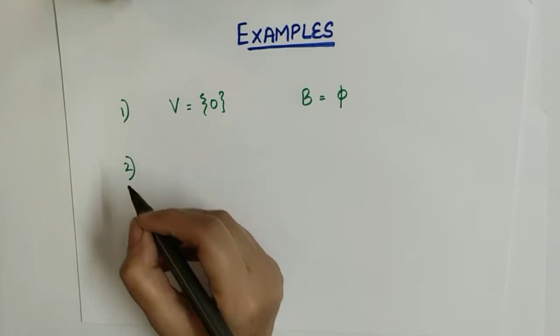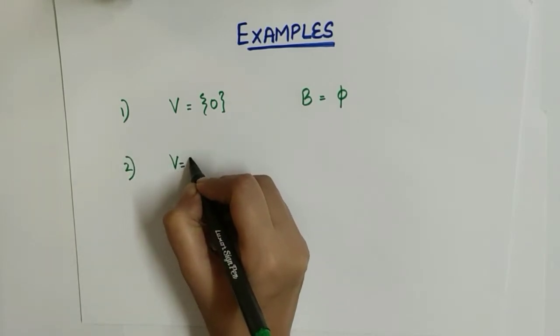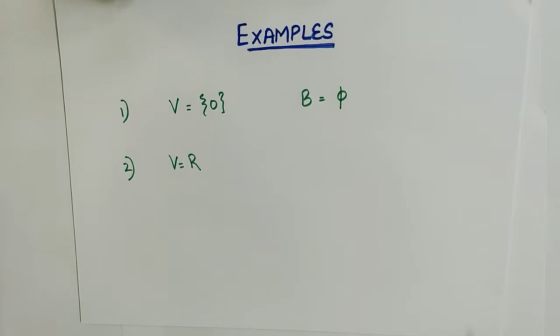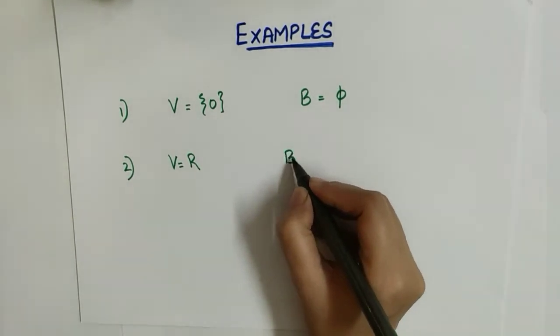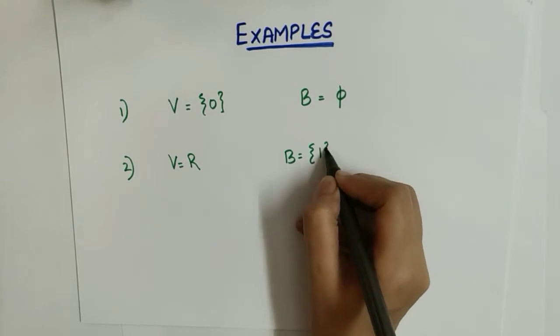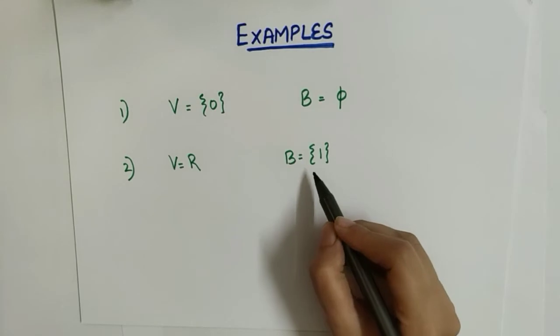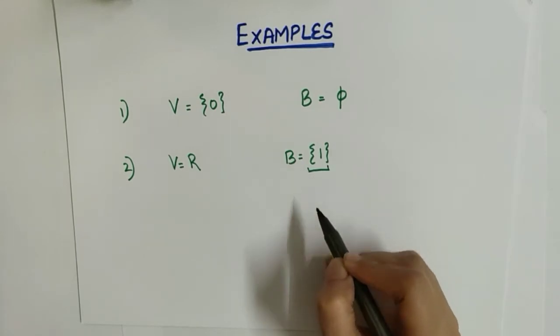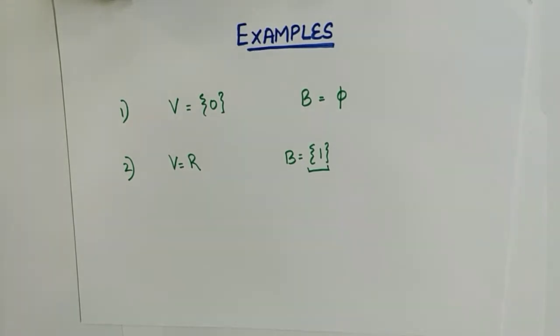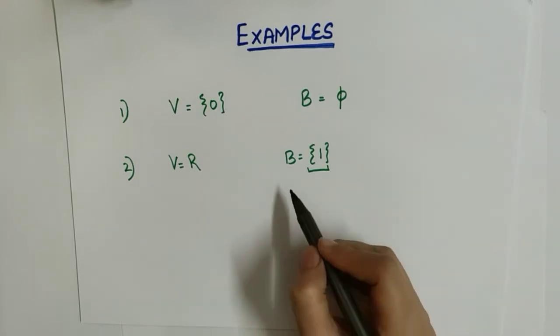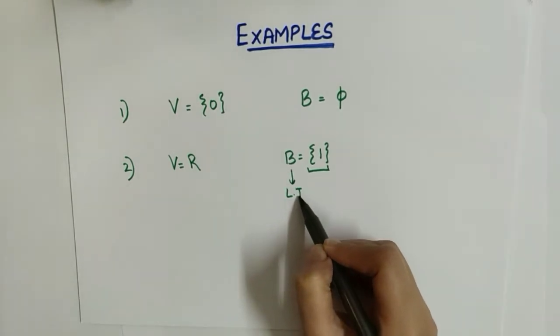Second, if V is equal to R, that is the set of reals over the field real, then B equal to singleton 1 is a basis for V, since we know that a singleton set containing a non-zero vector is linearly independent, so B is linearly independent.